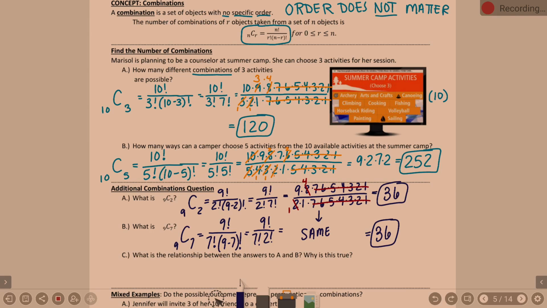So, kind of an interesting thought: when you're picking from 9 objects, whether you're picking 2 or picking 7, because 2 and 7 add up to 9, it's going to work both ways. I'm going to say A and B are the same answer, because the denominators end up the same.